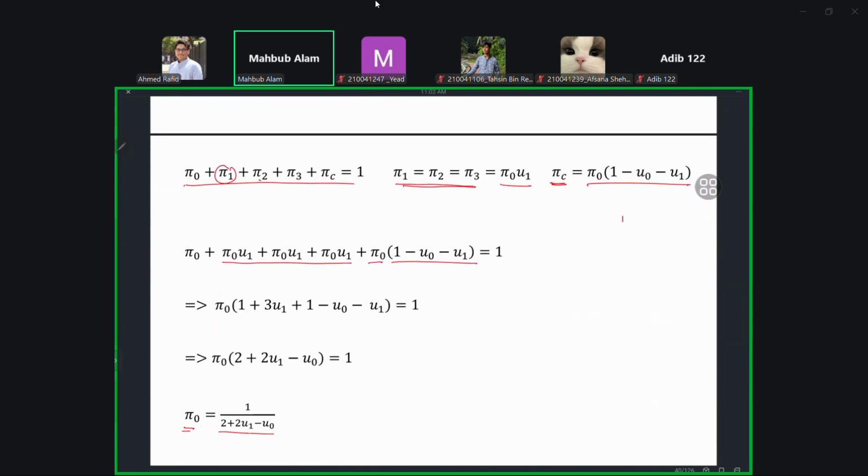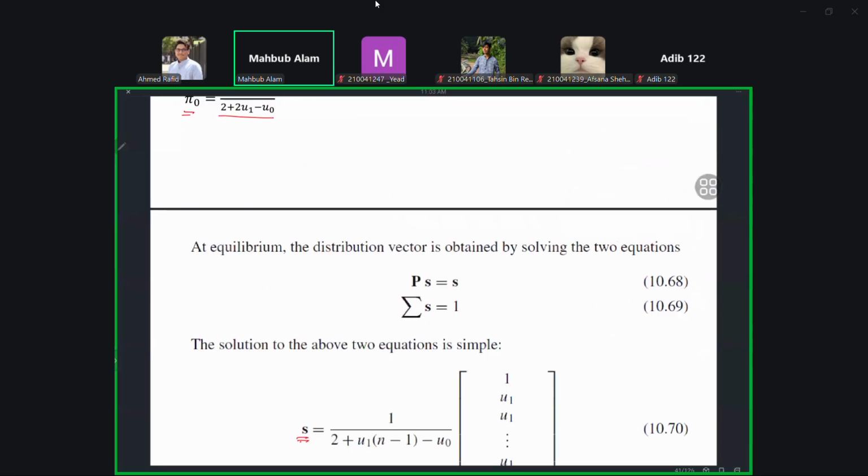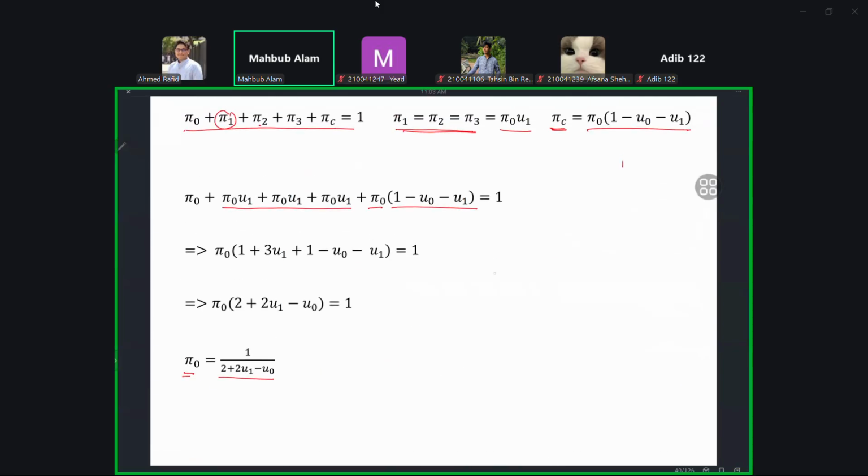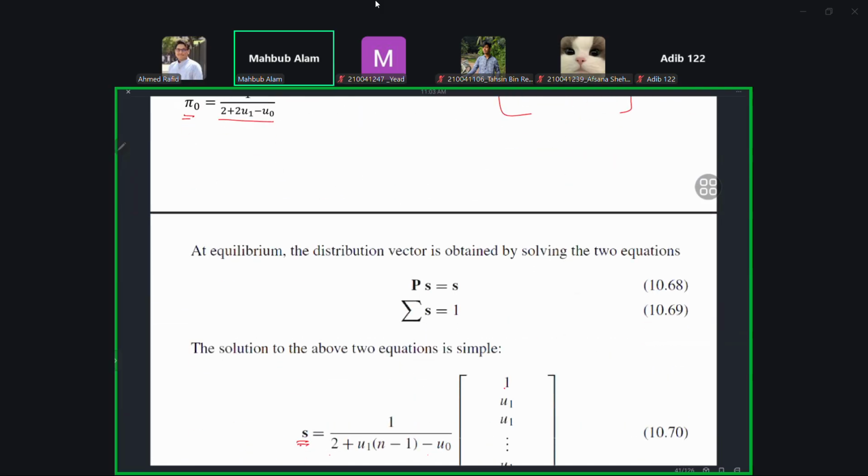If you consider that pi 1, pi 2, pi 3 are the same, then pi naught will be 1 over this quantity. So if we write this as a vector, pi naught will be 1 over 2 plus twice u1 minus u naught. Then pi 1 will be u1 times pi naught, which is u1 over 2 plus 2 u1 minus u naught. And finally, pi c will be 1 minus u naught minus u1 divided by 2 plus 2 u1 minus u naught. So these two are identical.